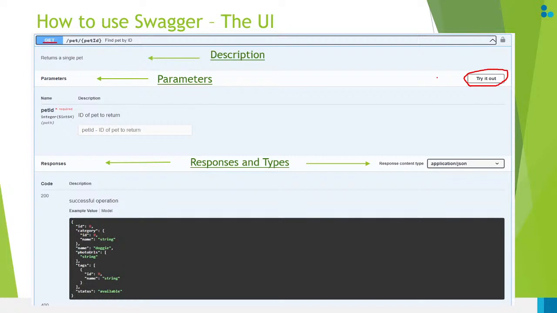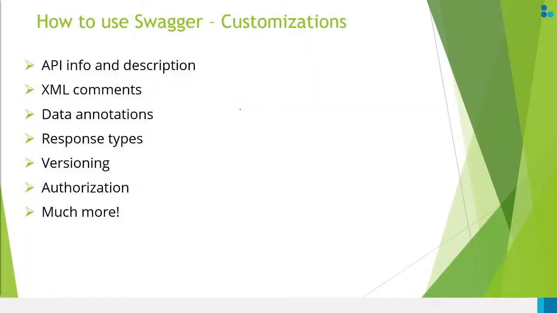Okay, very nice. And just to show you guys what kind of customization we can do in Swagger, this is some information. Of course, as I said earlier, there are many more things we can do with Swagger, like versioning, authorization, and everything.